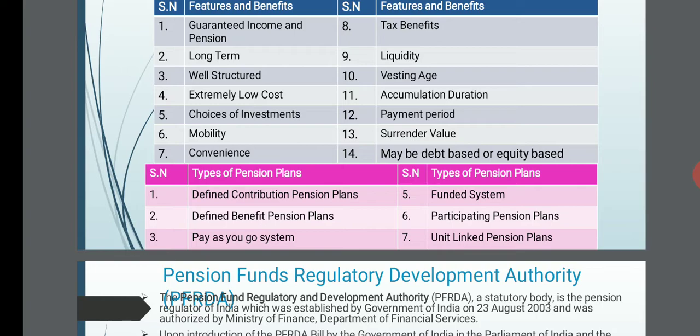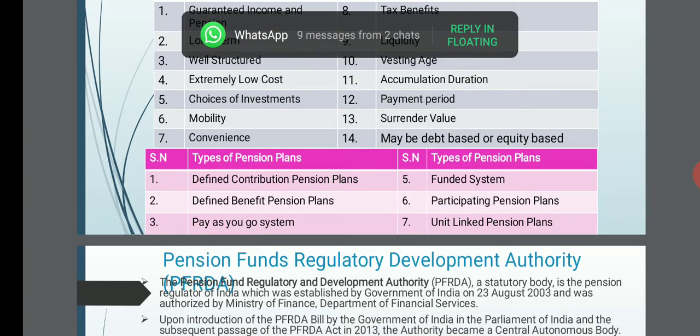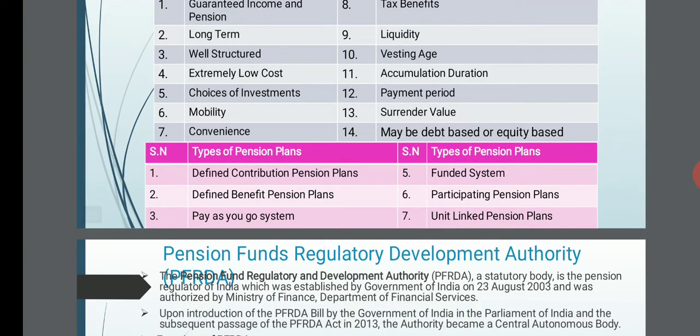Pay as you go system, where you can pay whenever you want and get the return on the basis of the contribution made. Funded system, participating pension plans, and unit-linked pension plans. Funded systems are the systems where they're funded by employer and employee.